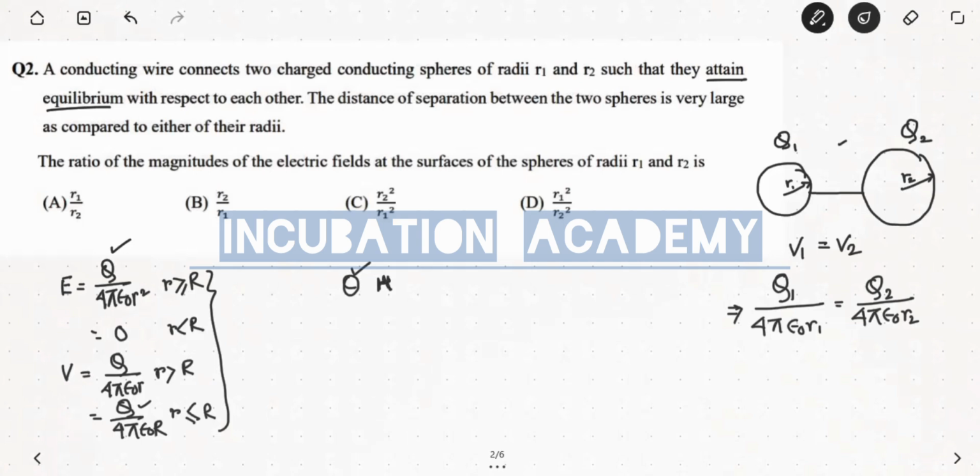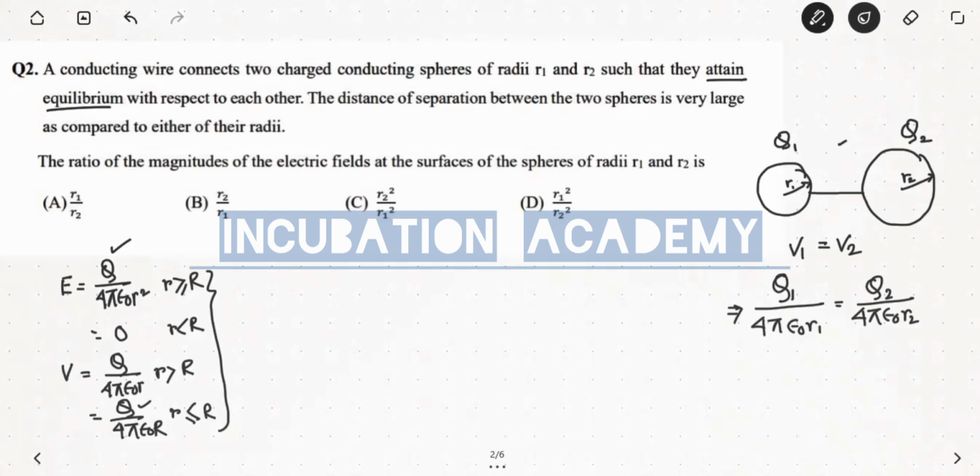Or if you give the same heat to two different bodies that are not identical in size and shape, obviously their temperatures are different. Similarly, potential basically tells us about the amount of charge content within it.